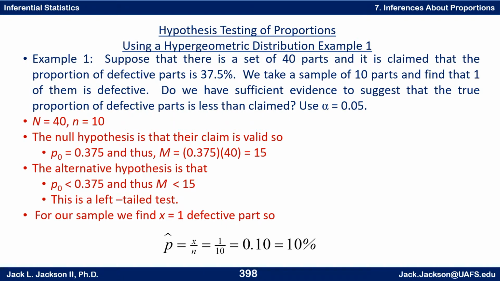But we're going to do the probability calculation with the x values. So we want to find the probability that x is 0 or 1 if we take a sample of size 10 from a hypergeometric distribution. Well, we know how to do this.